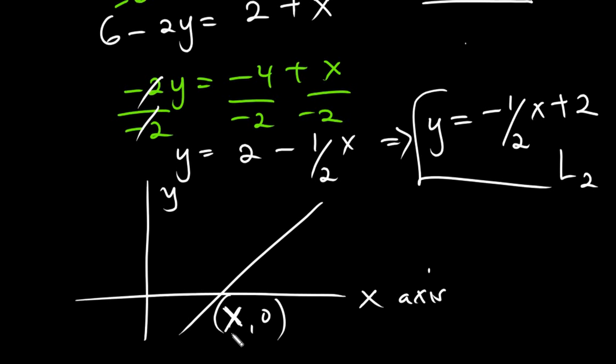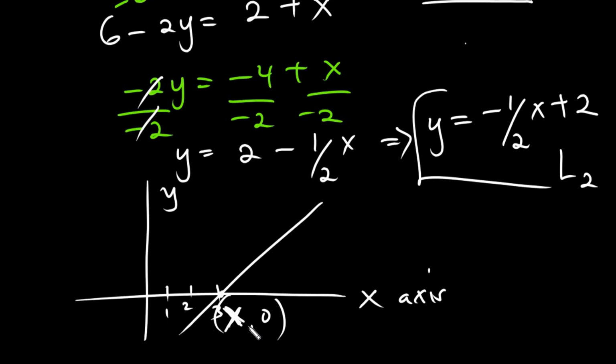So the x-intercept is the value of x at the point where this line cuts the x-axis. If this line cuts the x-axis at, let's say, this is 1, this is 2, and this is 3, so assume this is point 3, then the x-intercept of this line is 3, because it is the value of x where this line is cutting the x-axis.